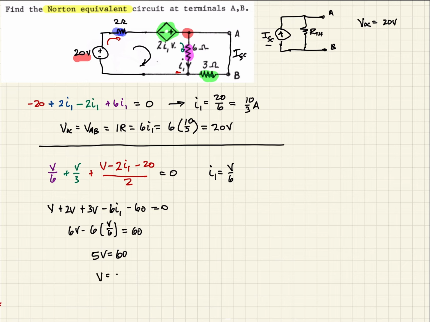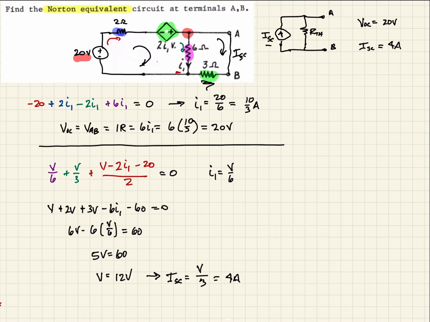V should be 12 volts. So that being the case, our short circuit current then is going to be V, that voltage across A and B, or that voltage across the resistor, divided by 3 ohms. That's this resistor here. So that'll give us the current flowing in this leg. And so that's 4 amps. So our ISC is equal to 4 amps.